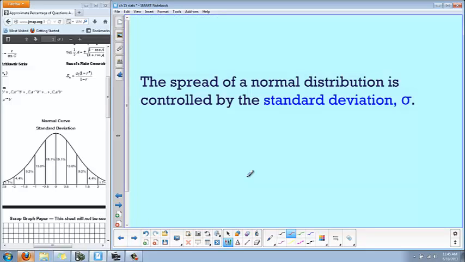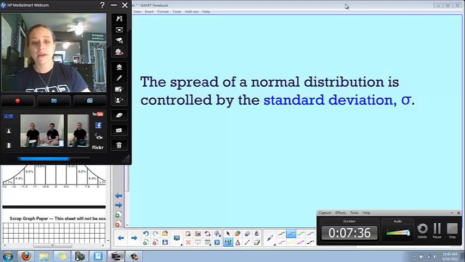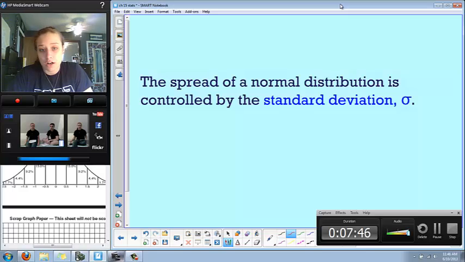The spread of a normal distribution is controlled by standard deviation. We already talked about standard deviation in the previous video, as a measure of dispersion. And remember that dispersion just means how spread apart everything is. So standard deviation is a measure of how spread apart our data points are.